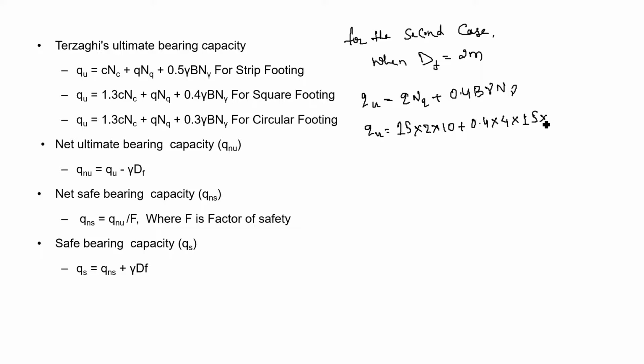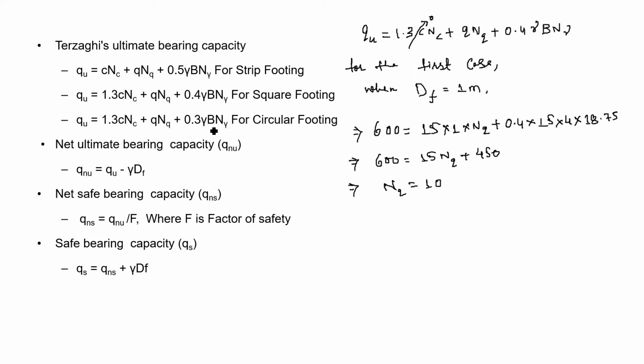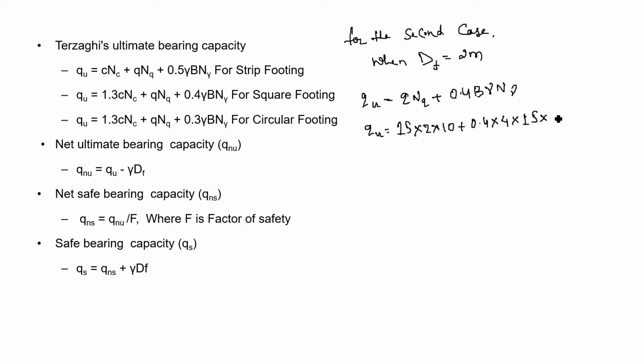And N gamma in this question is 18.75. So we get Qu equal to 750 kilopascal.